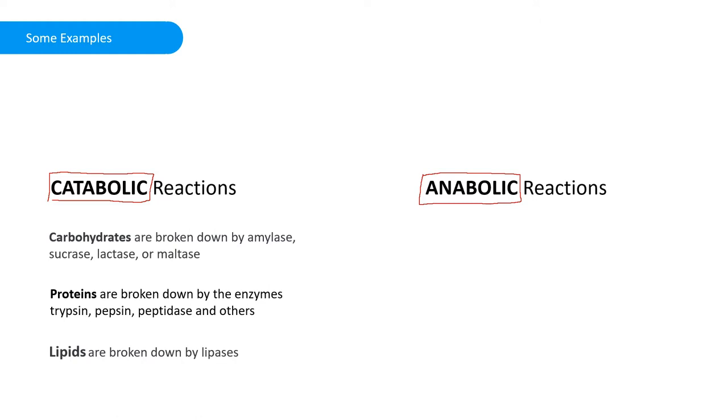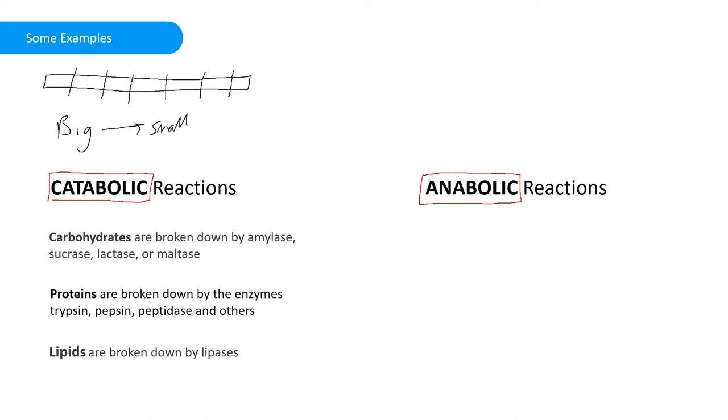Catabolic reactions are when, let's say we have a bit of a rod of material here. Catabolic reactions are those that break a big thing down into smaller sections. Catabolic, that's when it goes from big to small.